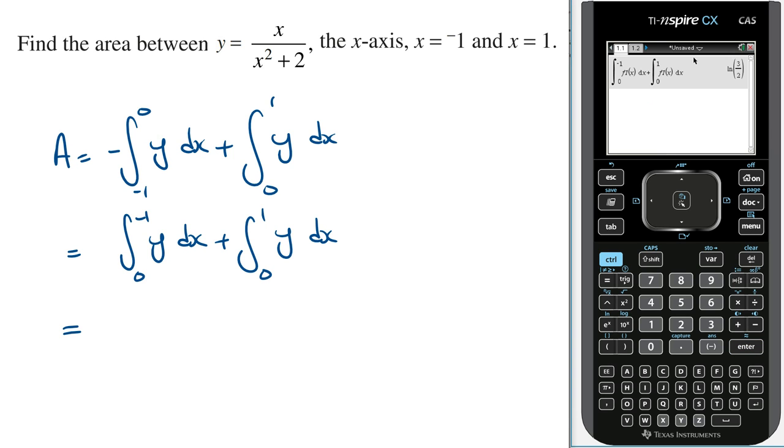And so the total area is equal to log e of 3 on 2 square units.